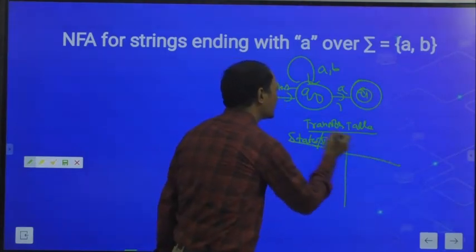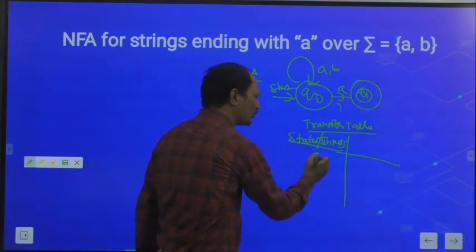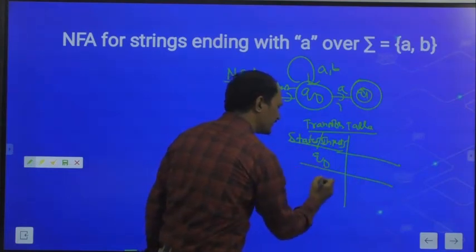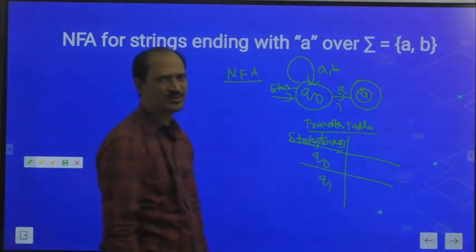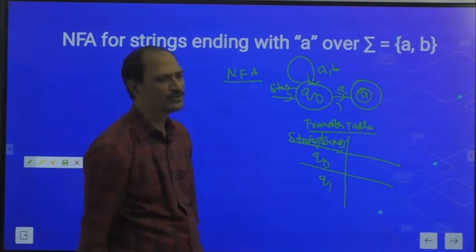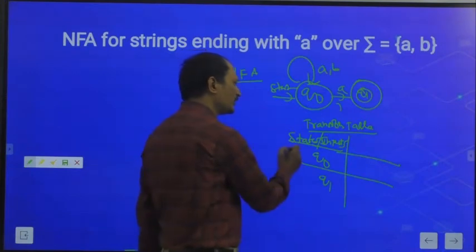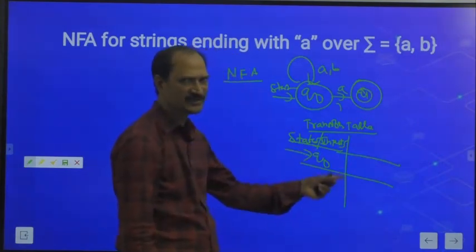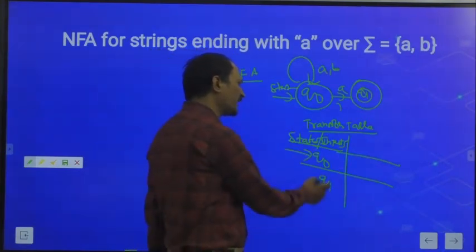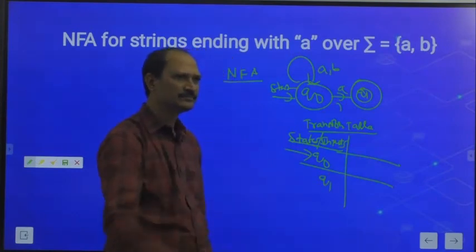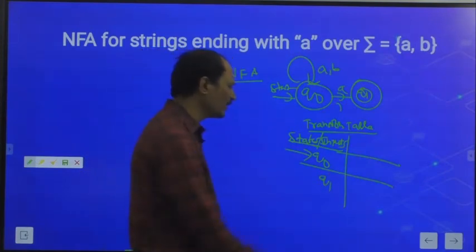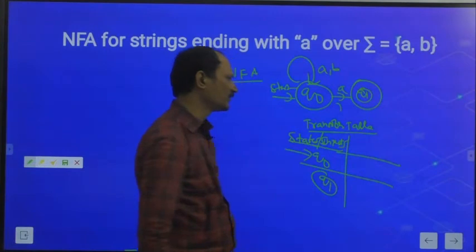How many states are there in the diagram? Two. What are they? Q0 and Q1. Remember, Q0 is the starting state, so in the transition table I represent it with an arrow mark, because it represents the starting state. Whenever I represent the final state in a transition table, I represent it with a circle.